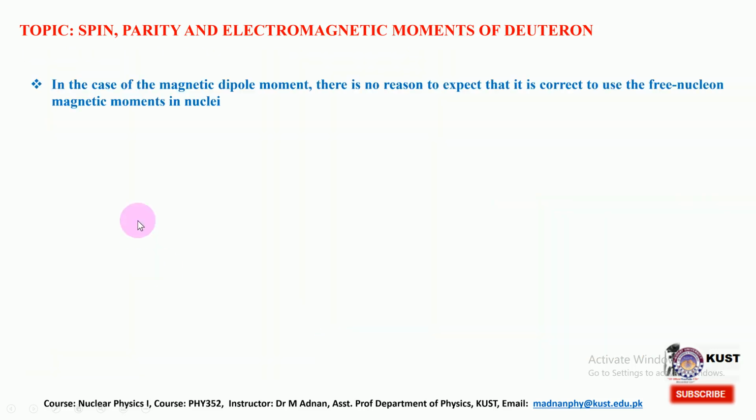How can one conclude this? In the case of the magnetic dipole moment, there is no reason to expect that it is correct to use the free nucleon magnetic moment in the nucleus. As I told you, there must be some contribution from orbital angular momentum, and that only comes with the L equal to 2 state.